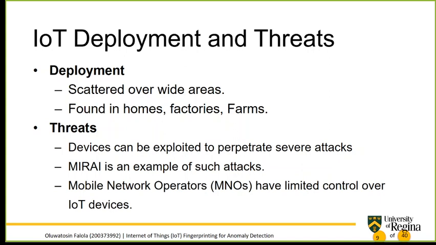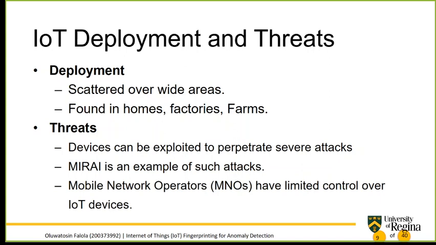Now, devices can be exploited to perpetrate several attacks, and a case in point is the Mirai attack, whereby a lot of big guns in technology, like Twitter, were down for a few hours as a result of a DDoS attack in their network.